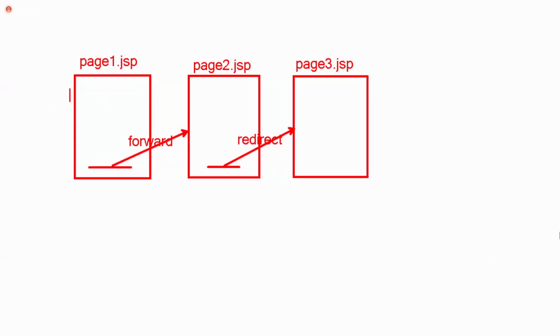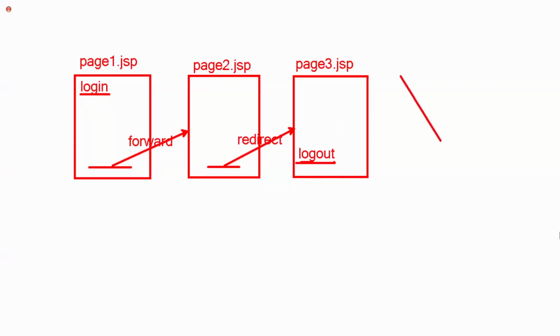Suppose session. What is session? Between login and logout. Suppose here logged in, here logged out. Now, if I set book3 with session scope, can I access it in the second page? Can I access it in the third page? Yes, because until logout it is possible.